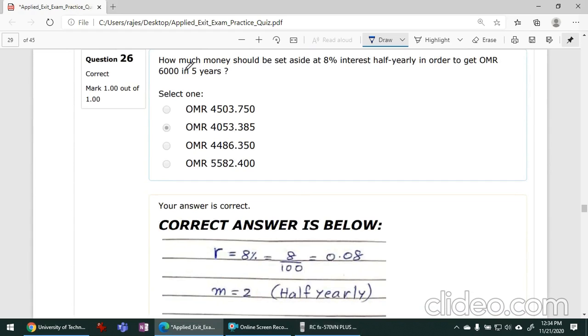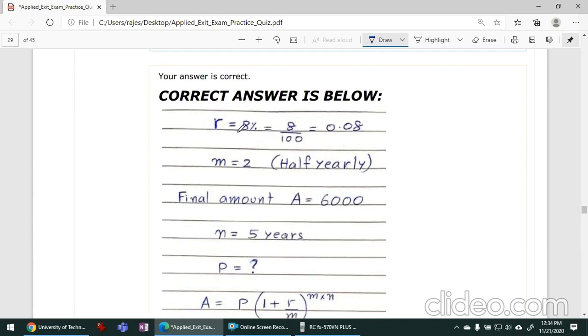26. How much money should be set aside at 8% interest half yearly, in order to get OMR 6000 in 5 years? Half yearly means semi-annually. So how much money should I keep now so that I get 6000 after 5 years? Look here how to find the answer.